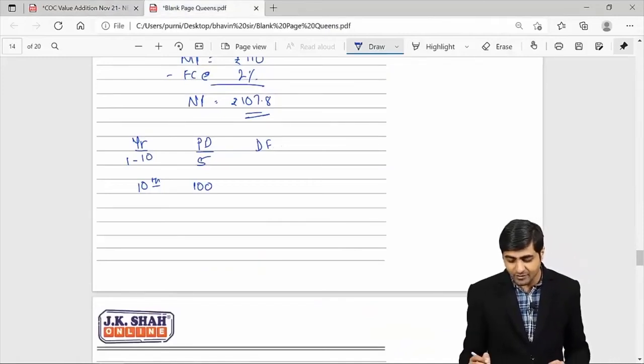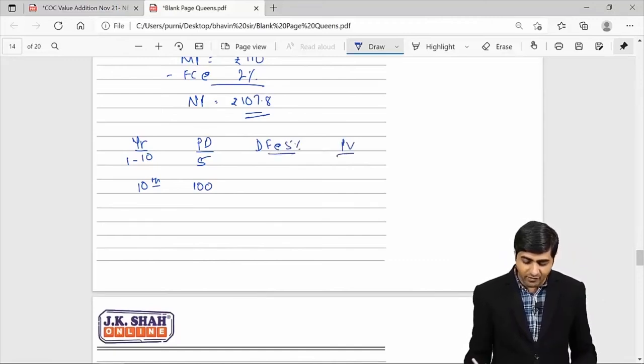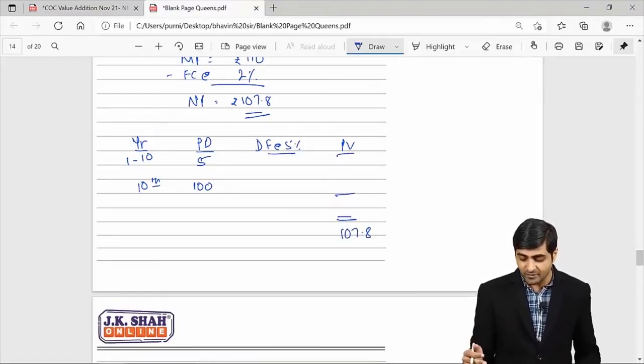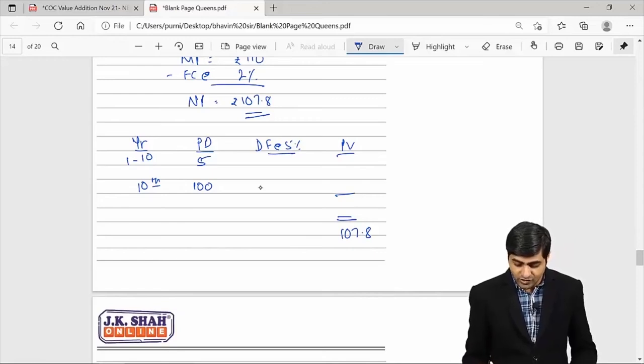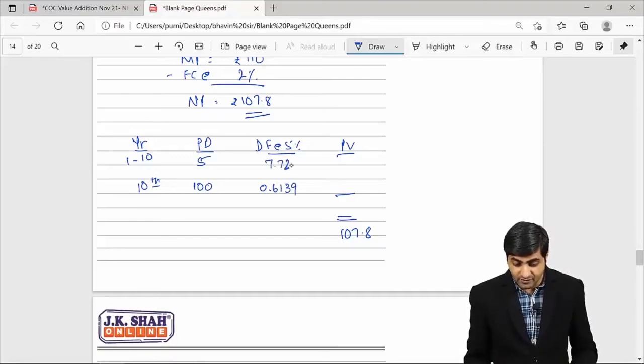Let's say, for example, you can try it at 5%. You will come to know what is going to be your present value. Our basic objective is that it should be equal to 107.8. But now let's see at 5% what range is coming. 1 divided by 1.05 will be 0.6139, and the total of this is 7.7217.